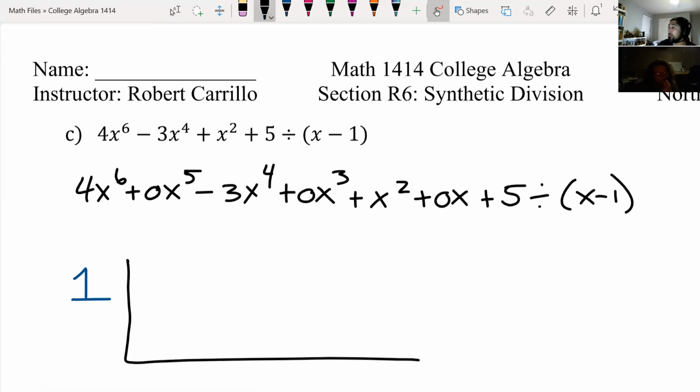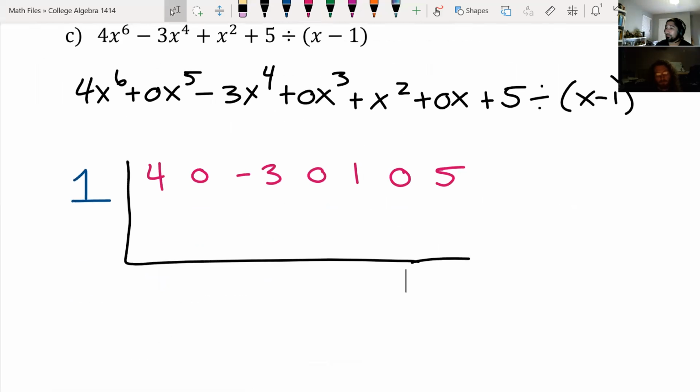And what am I writing for my dividend? That'll be 4, 0, -3, 0, 1, 0, and 5. Good old binary. There you go. All right. And then the 4 comes down and we begin. 4 times 1 is 4.